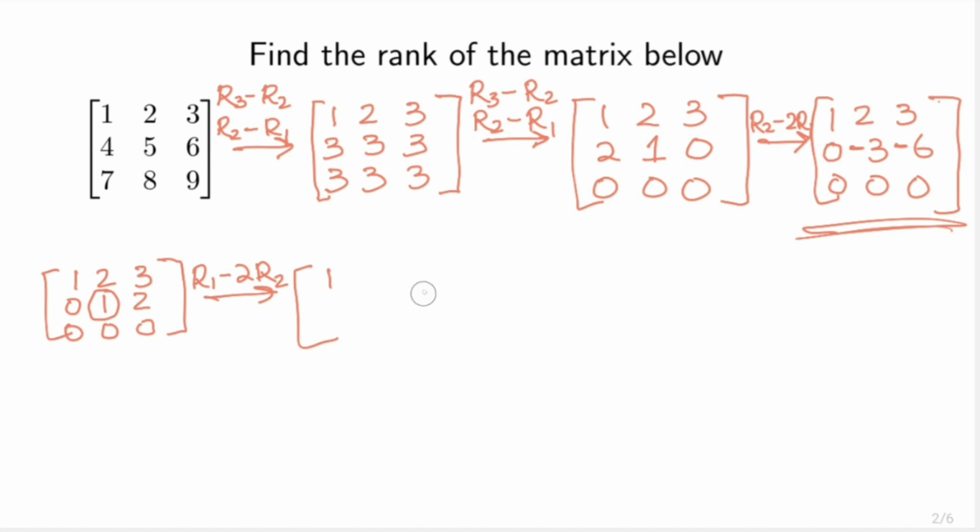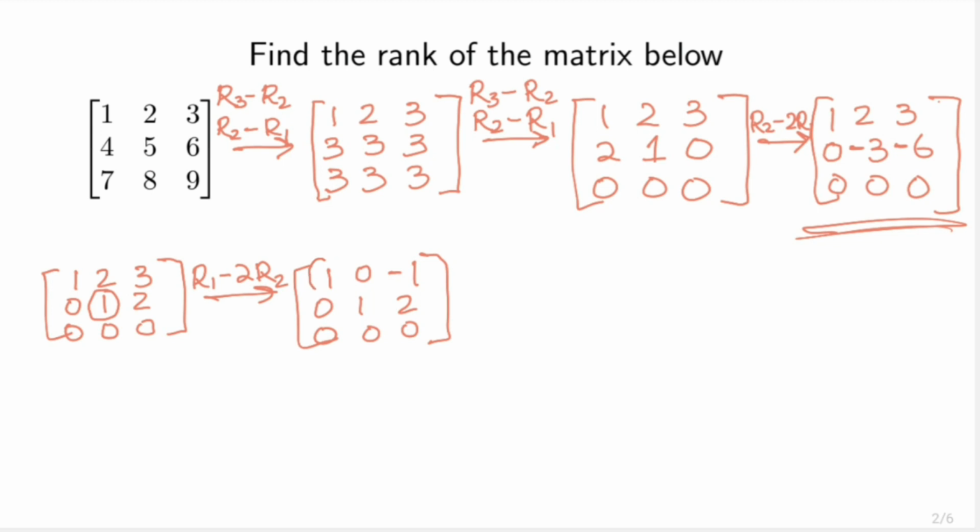And what will that give us? Well, we have 1, then here we have 0, then here we have 3 minus 4, that's minus 1. And then here we have 0, 1, 2, then 0, 0, 0. So this is what we get for the reduced row echelon form.